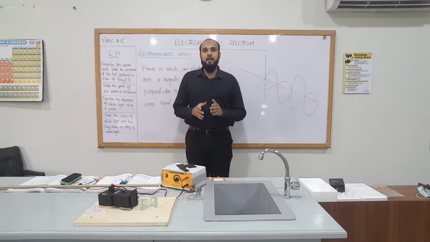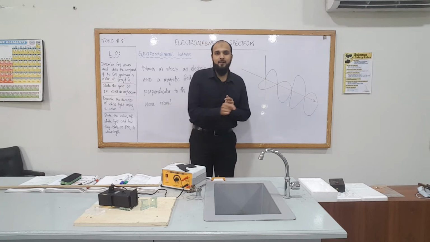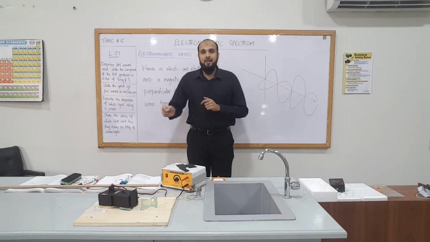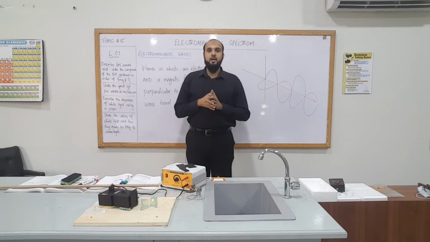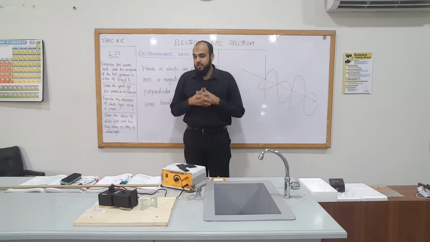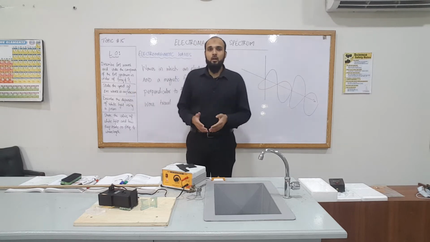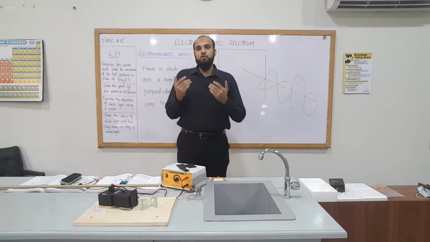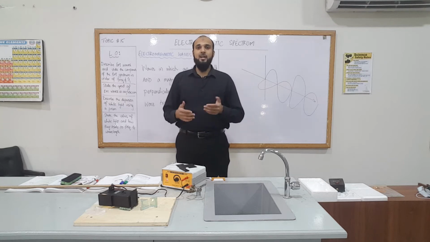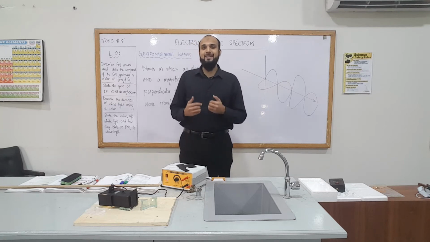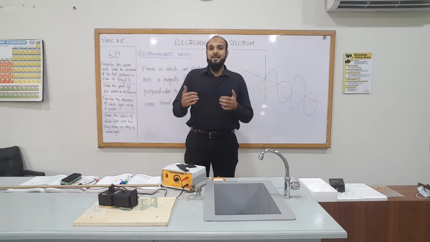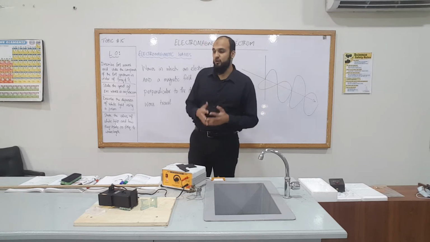And you've also got a magnetic field which is oscillating left and right, which is again at 90 degrees to the direction of travel. So in short, electromagnetic waves are transverse waves in which an electric field and a magnetic field oscillate at 90 degrees to the direction of wave travel.